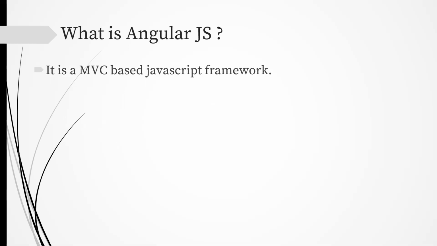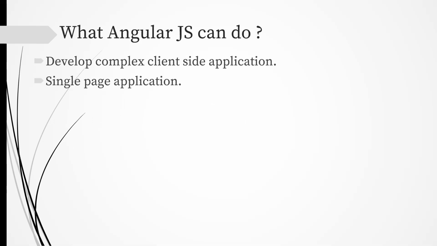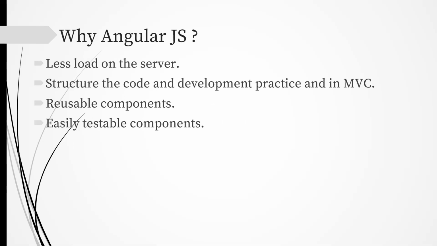Now the next is, what is AngularJS? It is an MVC-based JavaScript framework popularly used on the front end. What can AngularJS do? It develops complex client-side applications. It also supports single page applications. Then why AngularJS?